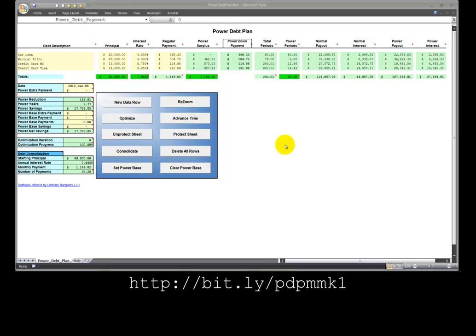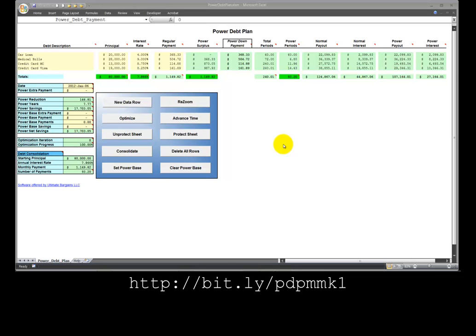In this tutorial I want to build on what I described in video tutorial number 7, the advanced concept for using proper leverage to pay down your debt. In that video tutorial we assumed that you could borrow about $28,000 on a home equity line of credit to buy a rental property which could generate $338 of positive cash flow.